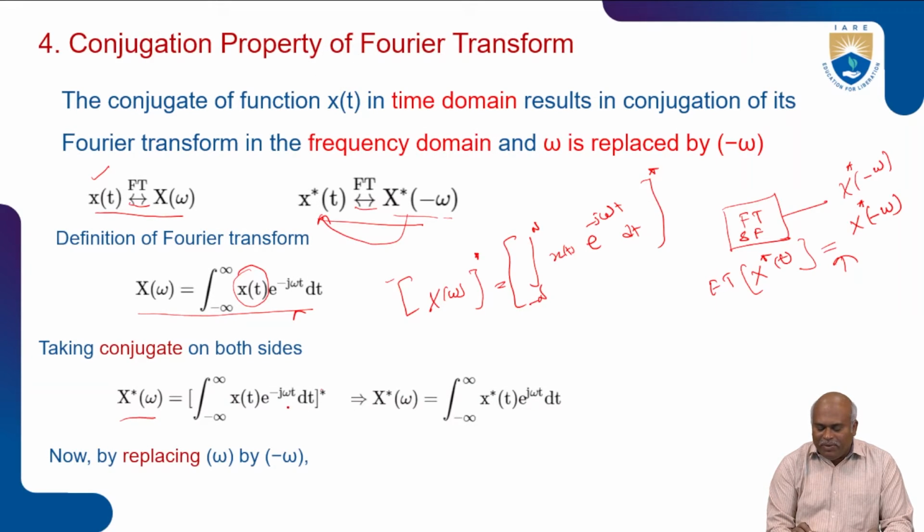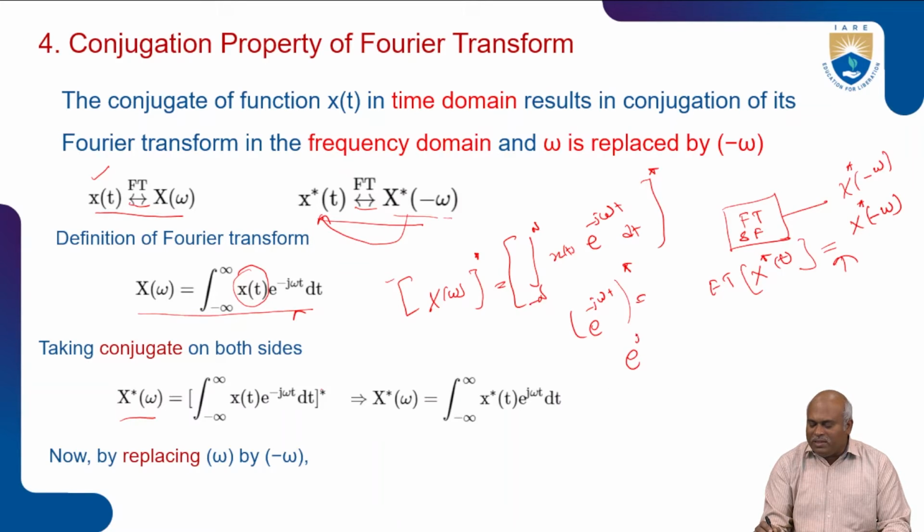Then e to the power of minus j omega t is there. Taking the conjugate of e to the power of minus j omega t gives e to the power of j omega t, because the conjugate of minus j is plus j.